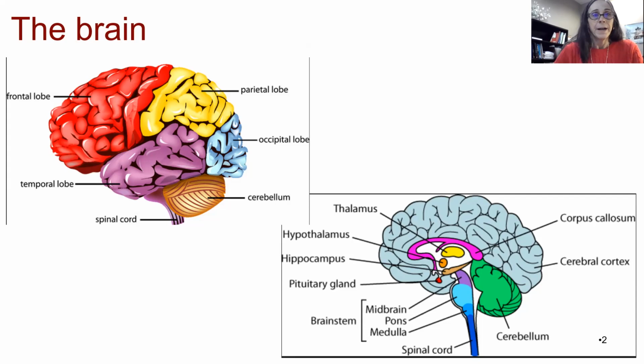But the whole brain and the spinal cord, first of all, have to be protected. You already know that the spinal cord is protected by the bone around it, and then the muscles around it. But closer to the spinal cord and around the brain, you have several sheets of connective tissue that protect the spinal cord and the brain.